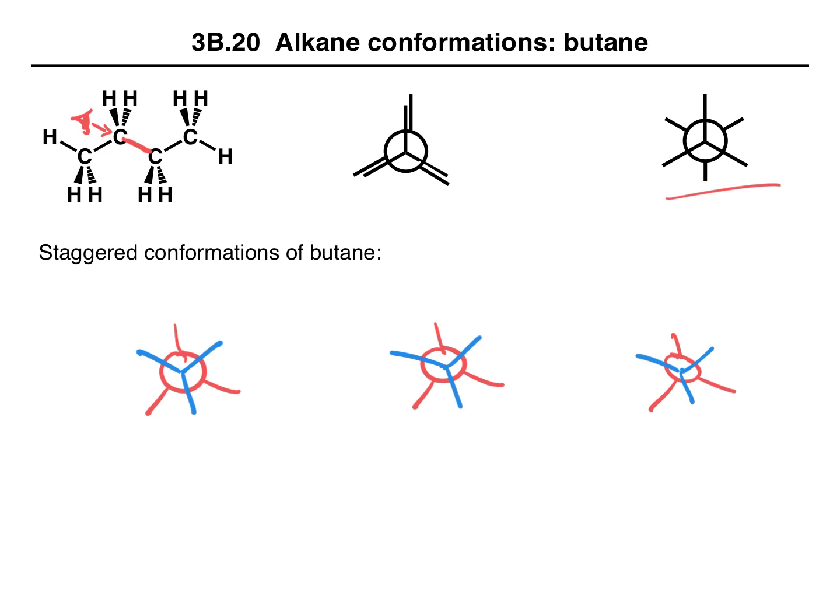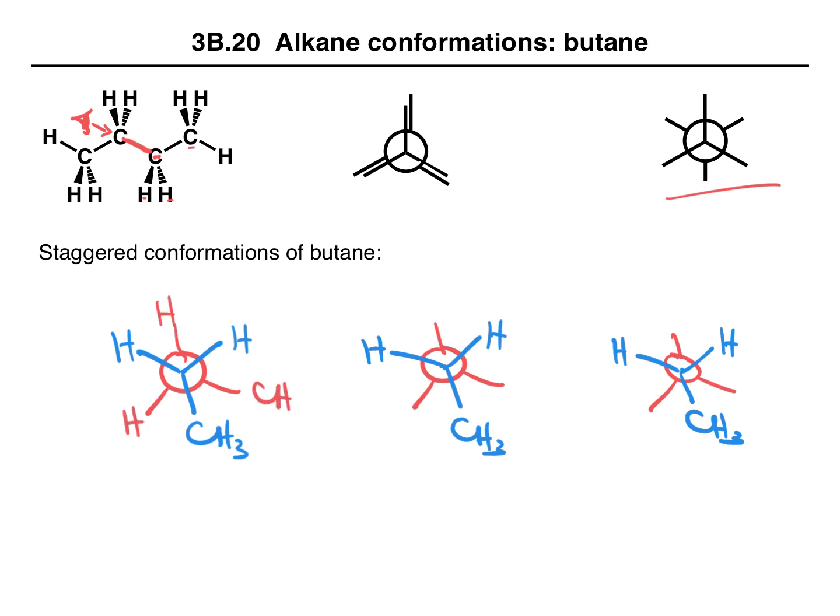So let's imagine that on our front carbon, here is the CH3 group, and then the hydrogen and the hydrogen. Let's keep that the same: methyl, hydrogen, hydrogen, methyl, hydrogen, hydrogen. Now on the back carbon, once again, we have hydrogen, hydrogen, and methyl. But then we could imagine if the front stays still, let's rotate, think of this as a little steering wheel, and let's rotate around the back carbon.